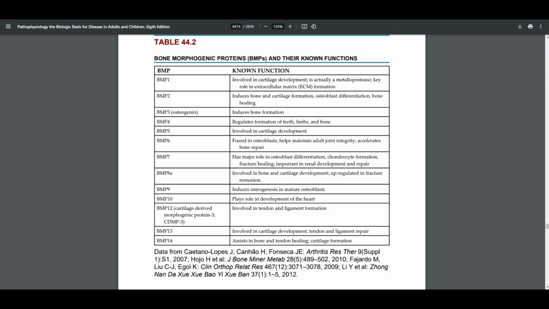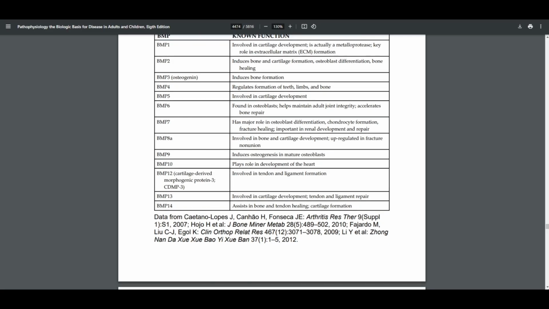BMP12 is involved in tendon and ligament formation. BMP13 is involved in cartilage development, again, but also in tendon and ligament repair. BMP14 assists in bone and tendon healing, as well as cartilage formation. These are going to be important.